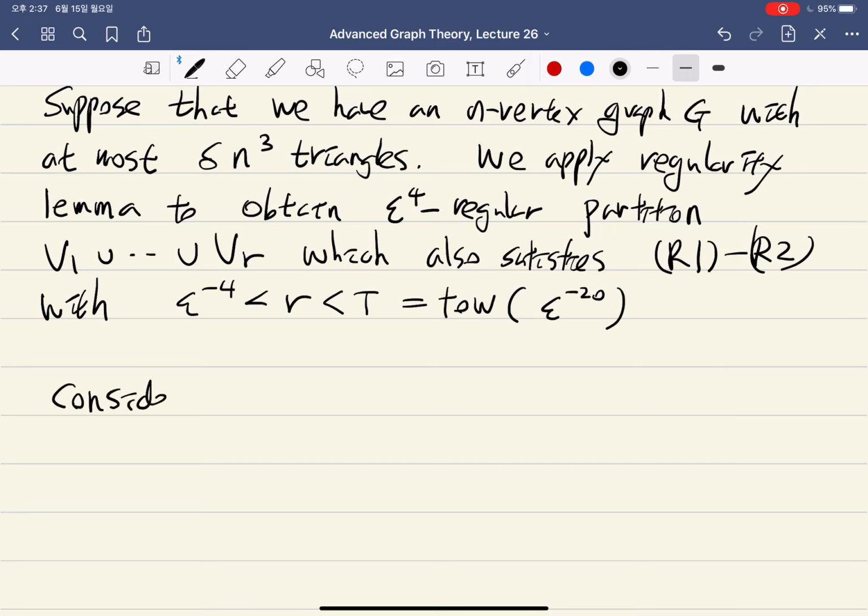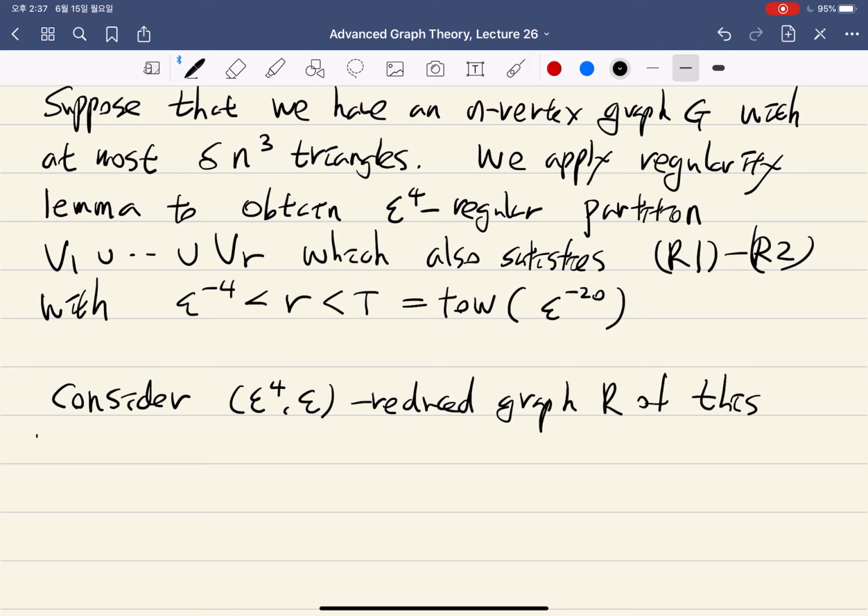And now we consider the epsilon to the 4 reduced graph R of this partition.